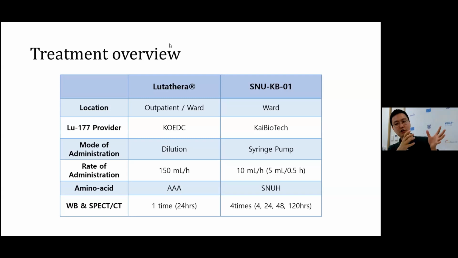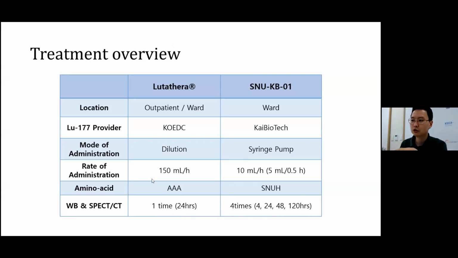But as I mentioned, there are also attempts at intra-arterial injection of Lutathera in neuroendocrine tumor patients with liver metastasis. For the PRRT trial that I have shown, the SNU-KB is a phase 1 clinical trial we are doing, so we do imaging four times to do the dosimetry.